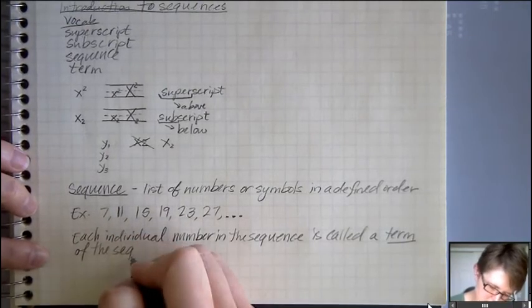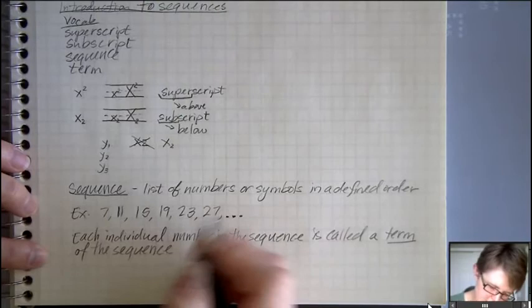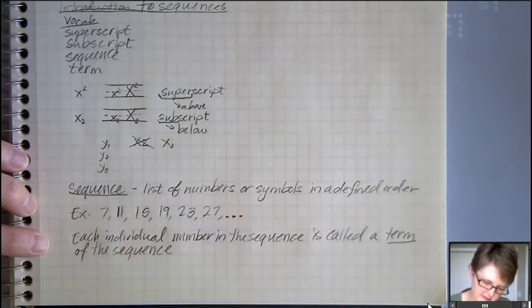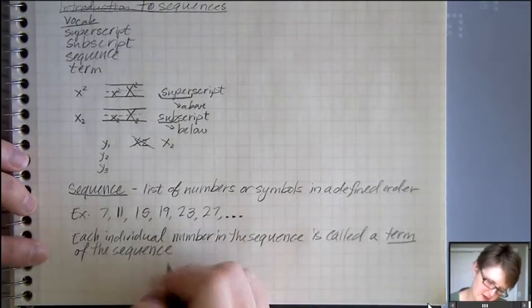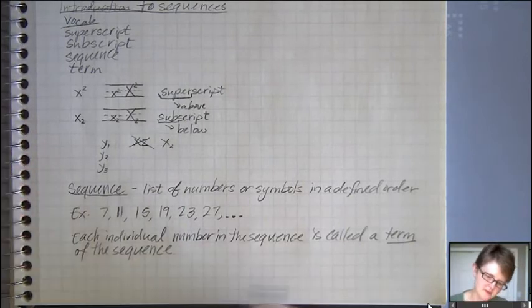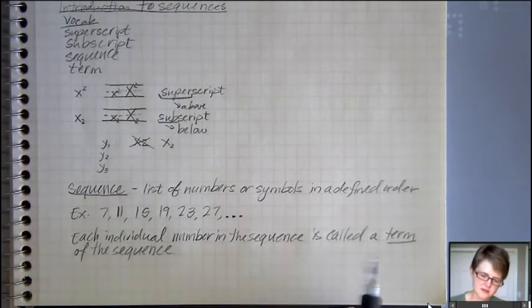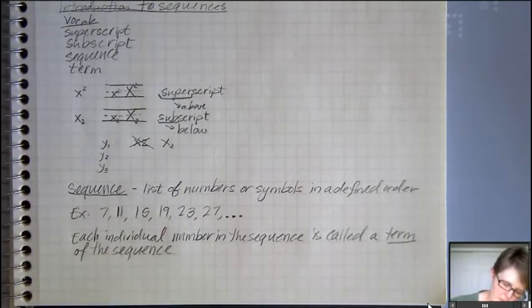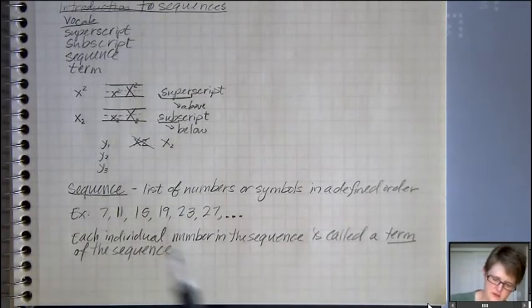Sorry, my handwriting is so terrible. I'm actually writing this sideways to work out with my camera. So each individual number in the sequence is called a term of the sequence. So, for instance, the first term of the sequence is 7. The fourth term of the sequence is 19.